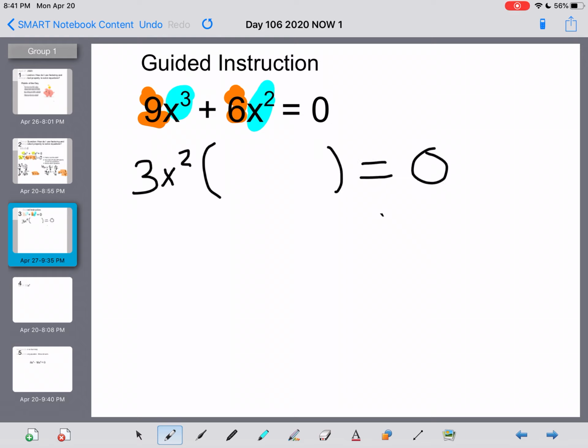Now, the opposite of factoring is the distributive property. To go from 3x squared to 9x to the third power, I'm going to have to multiply by 3x. And to go from 3x squared to 6x squared, 3x squared times what gives me 6x squared? That would be 2.